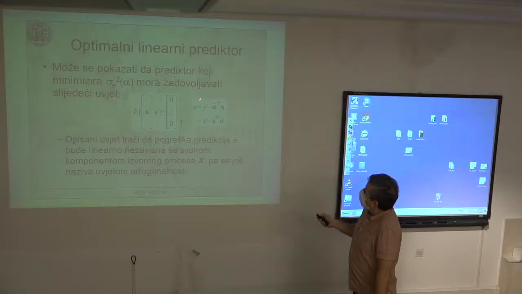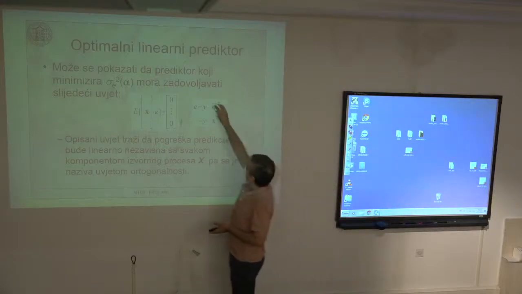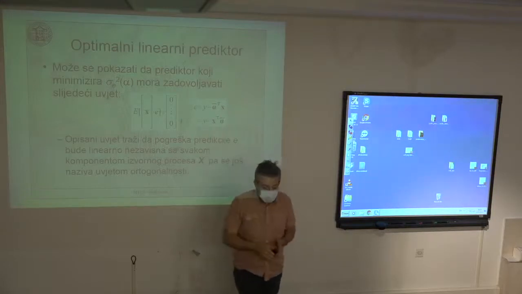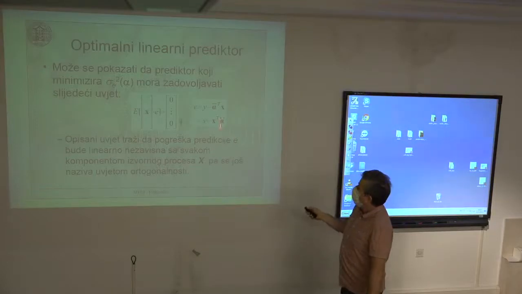Okay? And this error E is then y minus y tilde. It can be written as a row vector alpha times column vector x. But since this is a scalar value, I can also transpose it, so I can rewrite it as a row vector x multiplied by column vector alpha. It doesn't matter because it is the same thing.